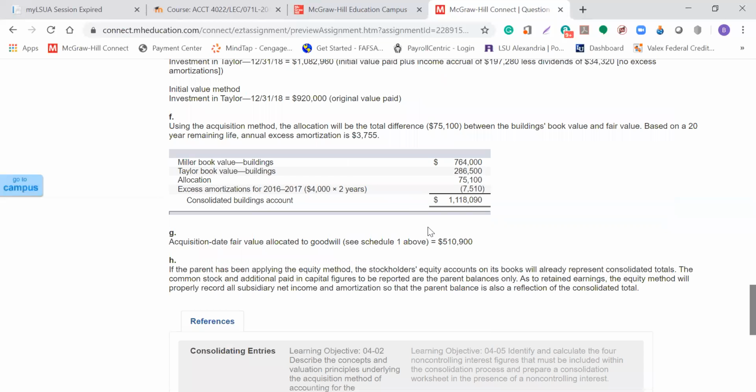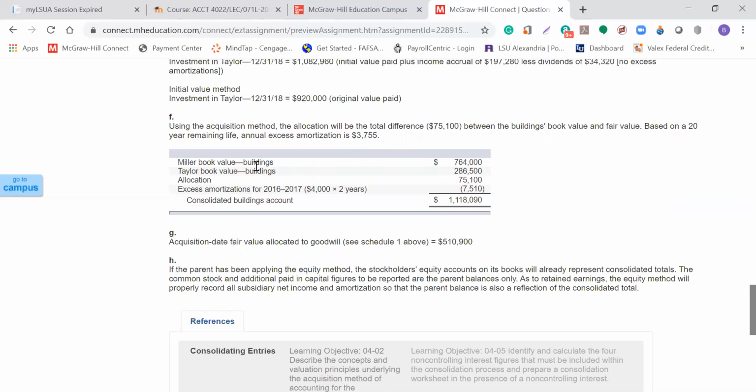In order to arrive at those, using the acquisition method, the allocation will be the total difference, the $75,100 between the building's book value and fair value based on the years of remaining life, with an annual excess amortization of $3,755.